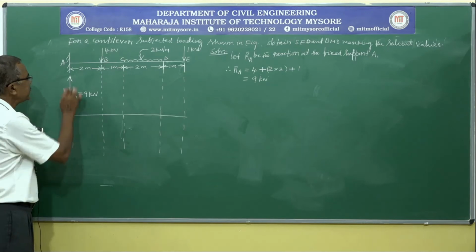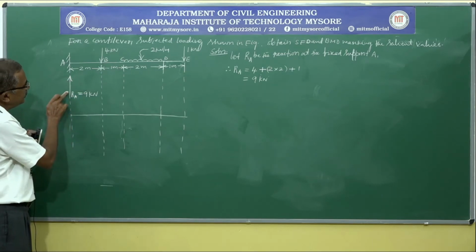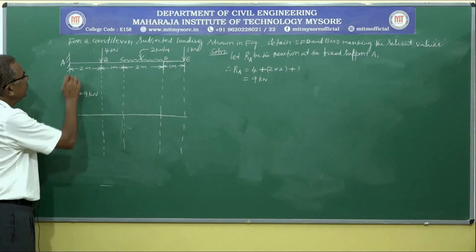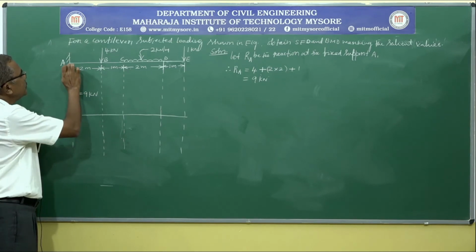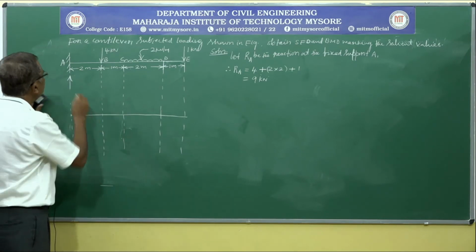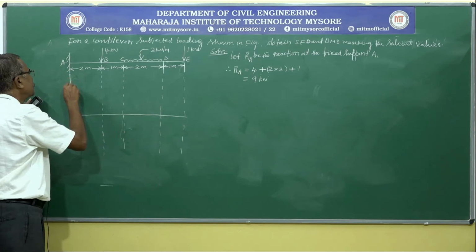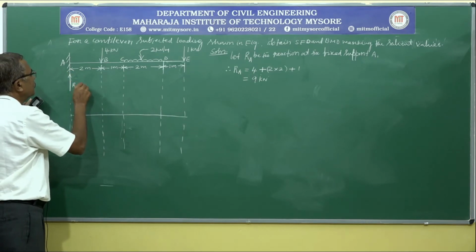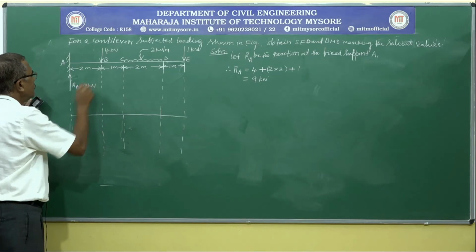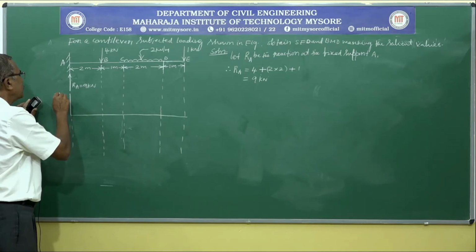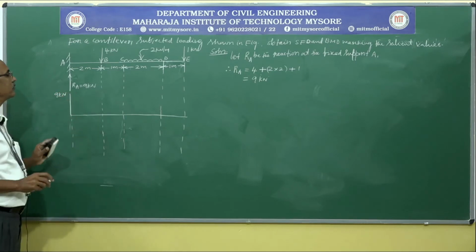At point A, of course, I have shown the reaction a little below for easy understanding. You can even extend it and show it here also. So go up vertically by 9 kilonewton, mark here 9 kilonewton.